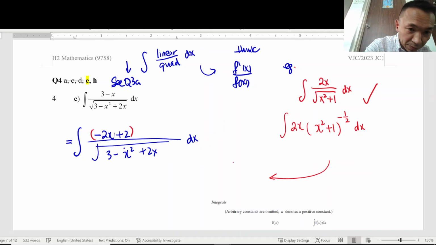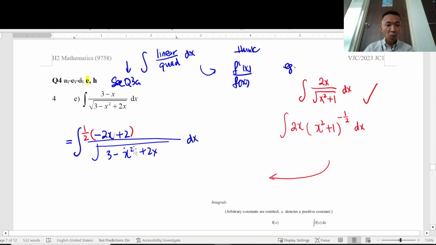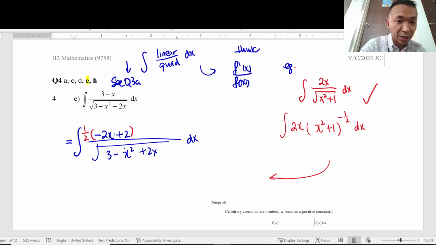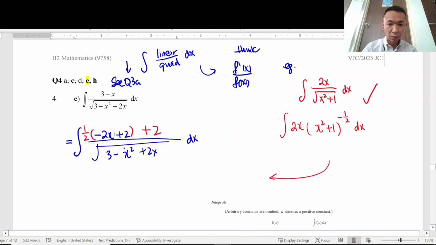What helps? I put a half. Why? Because half times minus 2x, I get minus x. Half times 2, I get 1, but I'm short of a 2 because it's a 3, so plus 2. So far so good.